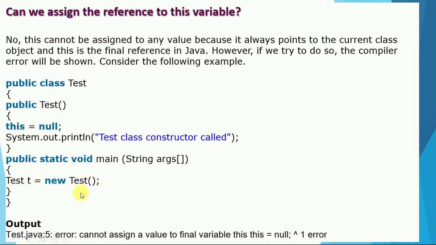As you can see, it will throw an error: cannot assign a value to a final variable, this equals null. We already discussed that this cannot be assigned any value, and in this constructor we assign this = null. It will always point to the current class object, but we assign a value to this variable. That's why it will throw an error. If you try to do so, the compiler error will be shown.